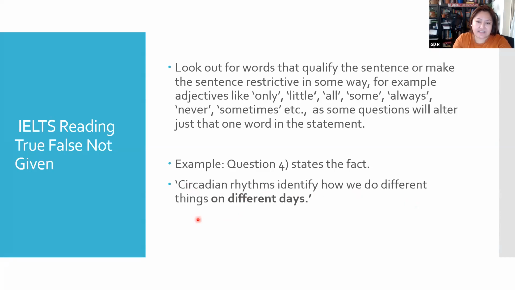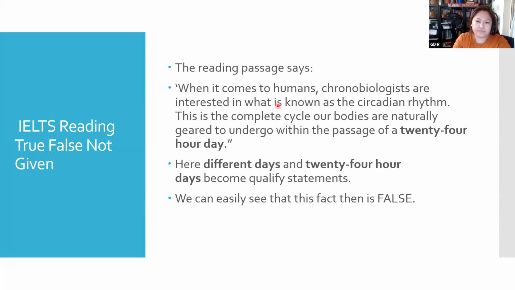So this is the passage. So when it comes to humans, chronobiologists are interested in what is known as a circadian rhythm. This is the complete cycle our bodies are naturally geared to undergo within the passage of a 24-hour day. So here, different days and 24-hour days, they become qualification statements.